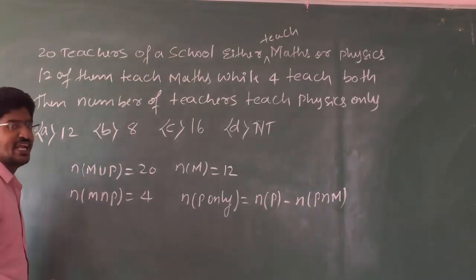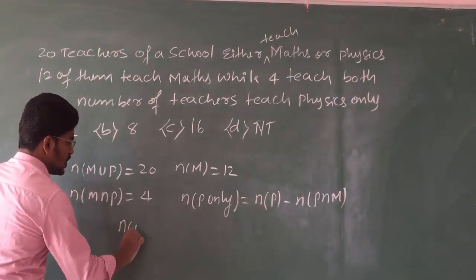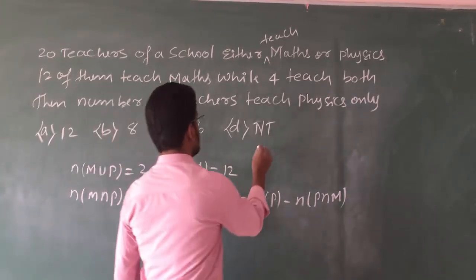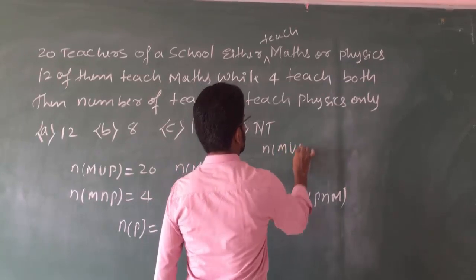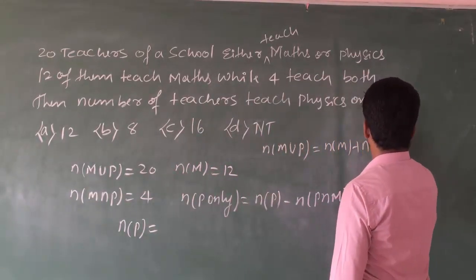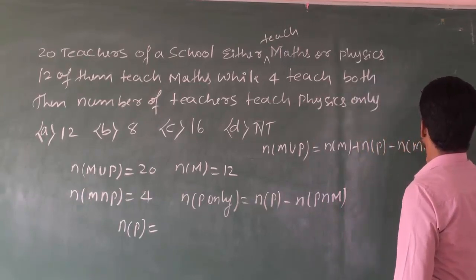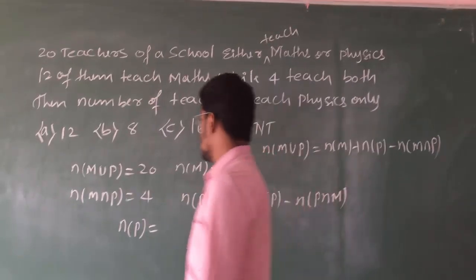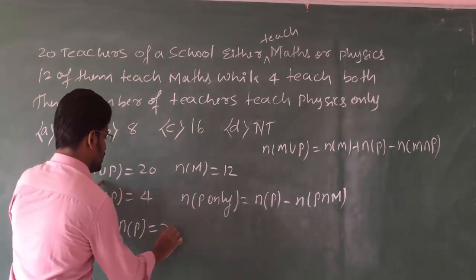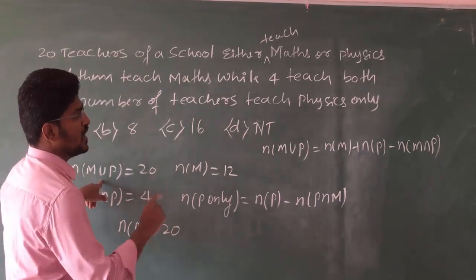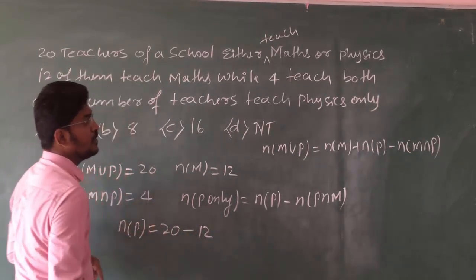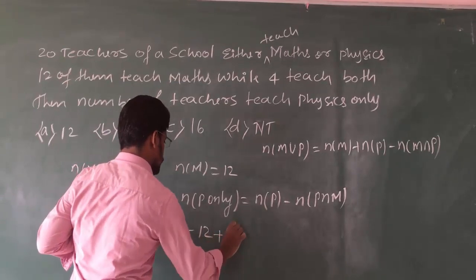Now let us calculate n of p. From the formula of n of p union m, n of m plus n of p minus n of m intersection p. So n of p will be equal to how much? n of p union m is 20, minus n of m is 12, plus 4.